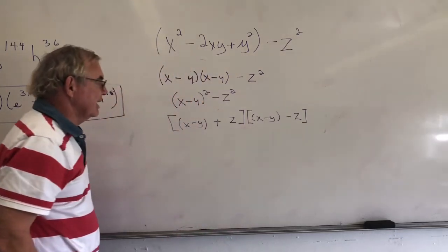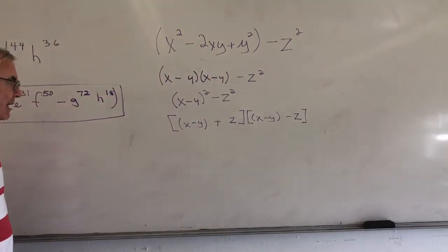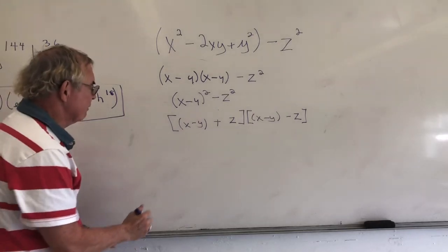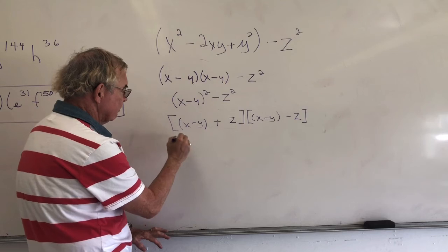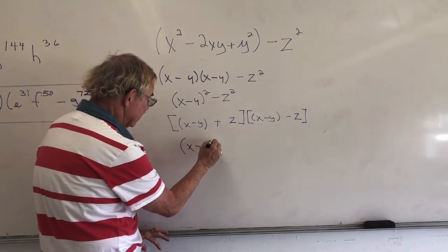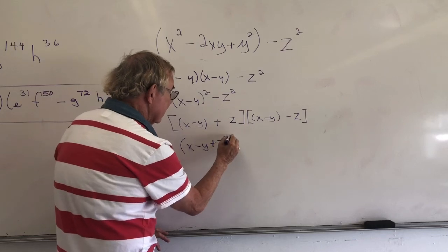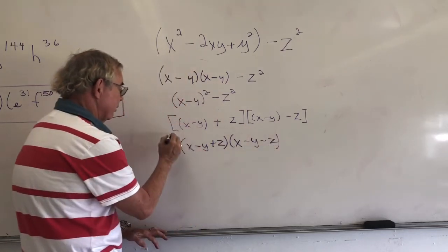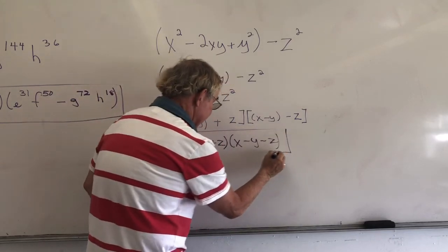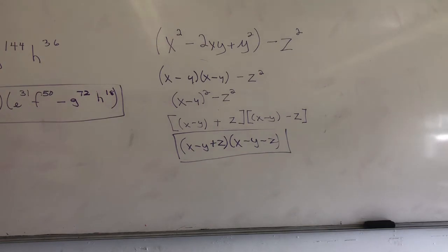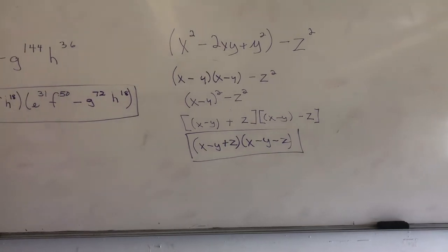Now, that's an answer, but if you were to take an assessment like a multiple choice, they would probably write it like this. They would not group the x minus y's together. They would just go like this. And that would probably be the preferred answer. So that one combines them. Very nice problem. It's one I know you can get.